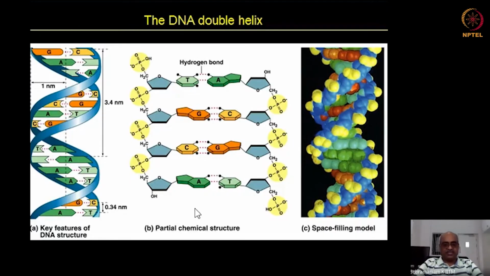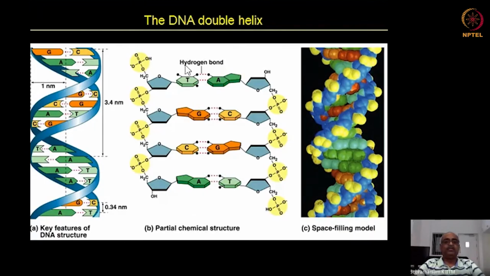In this structure, the nitrogenous bases do not project outward; instead, they face each other on the inner side, allowing the hydrogen bonds to form. This was proposed by Watson and Crick, and therefore these hydrogen bonds are often called Watson and Crick base pairs or Watson and Crick bonds.